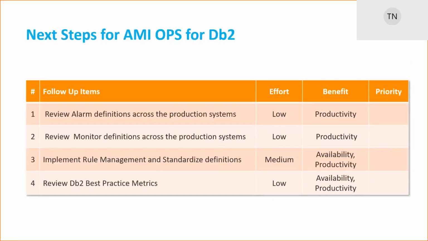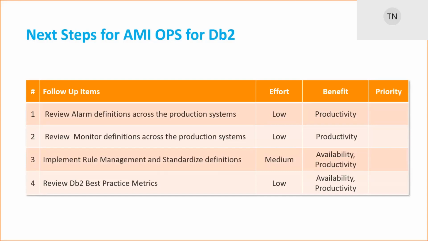So here's the final slide for the DB2 portion of the health check, and we work with the customer to determine the priority. You've got: review alarm definitions across the production systems, review the monitor definitions, implement rule management and standardized definitions, and review DB2 best practices metrics.